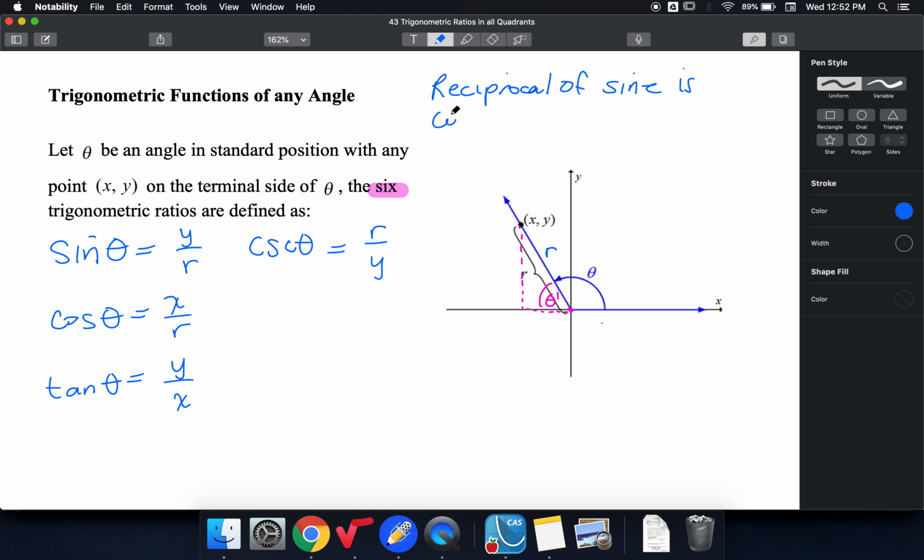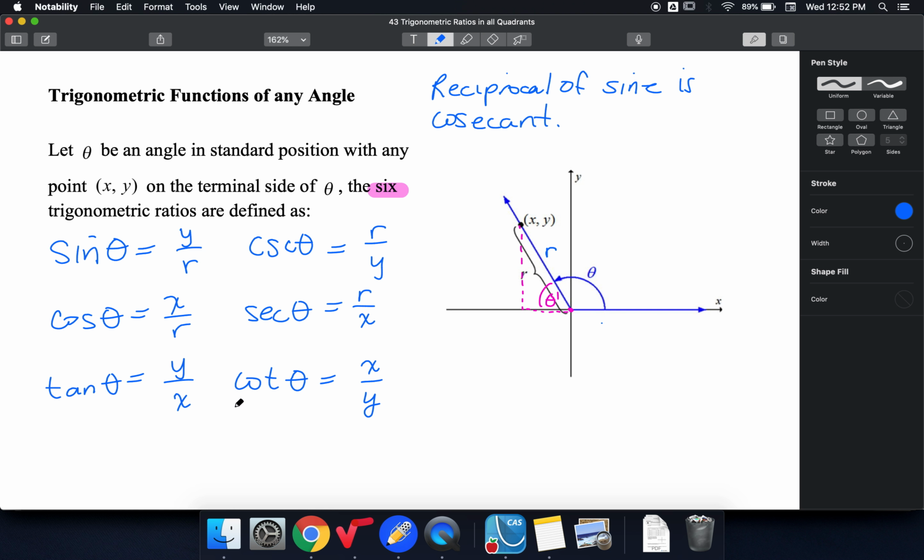I did not come up with these names myself. It's a bit annoying, because the reciprocal of cosine is the secant, and that's r over x. The nice one here, the reciprocal of tan, is the cotangent, and it is x over y. So there are my 6 functions.